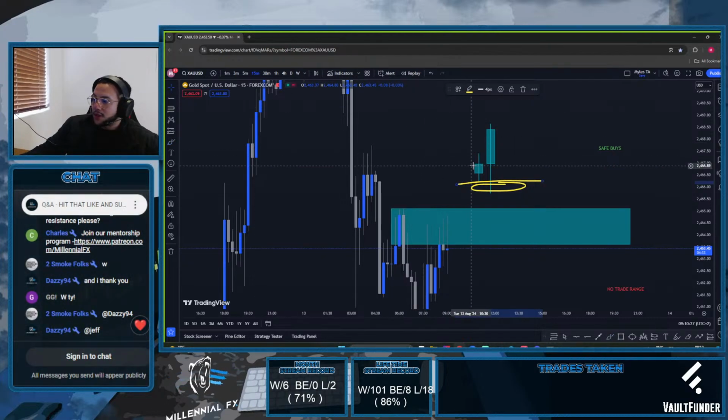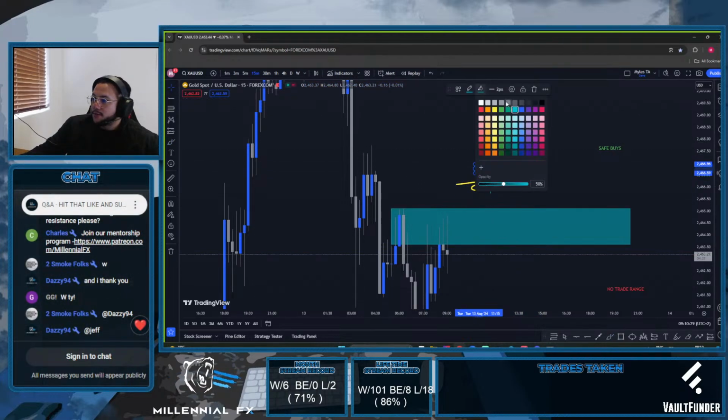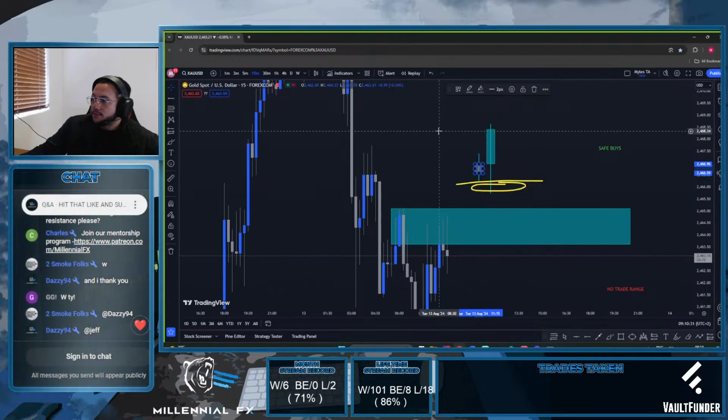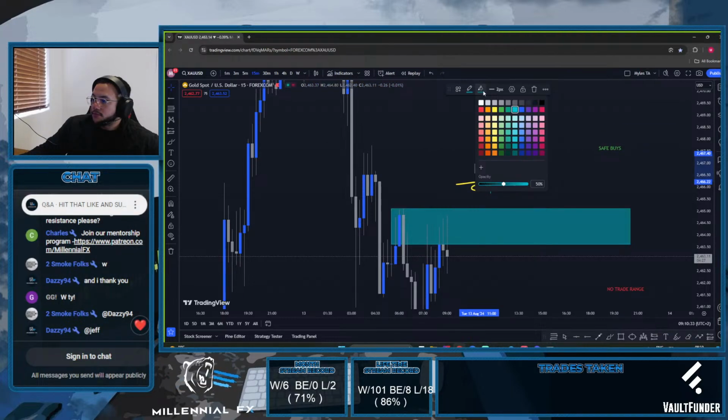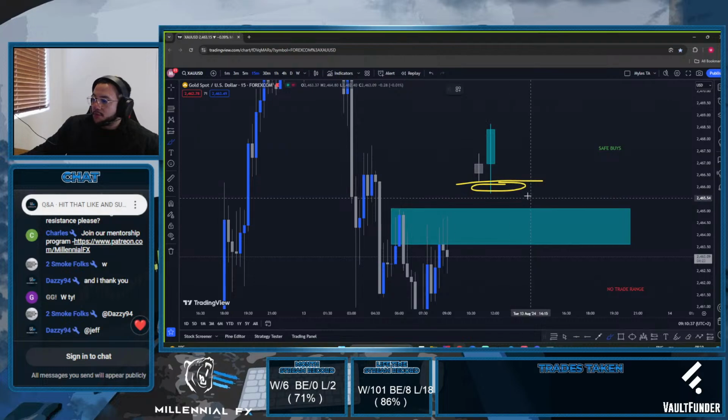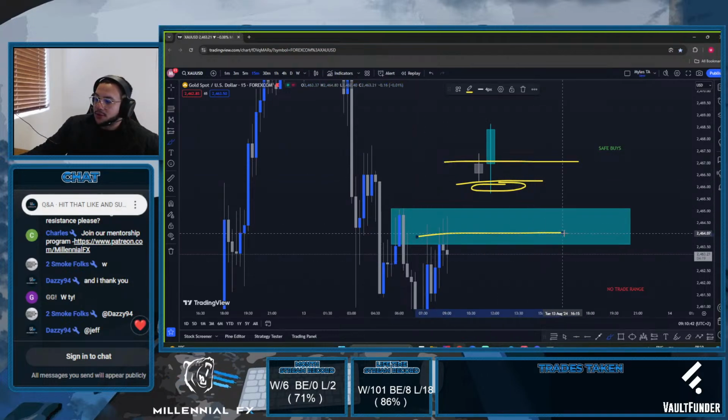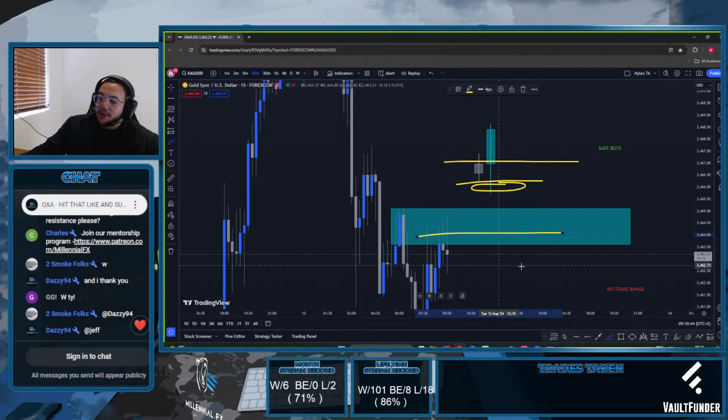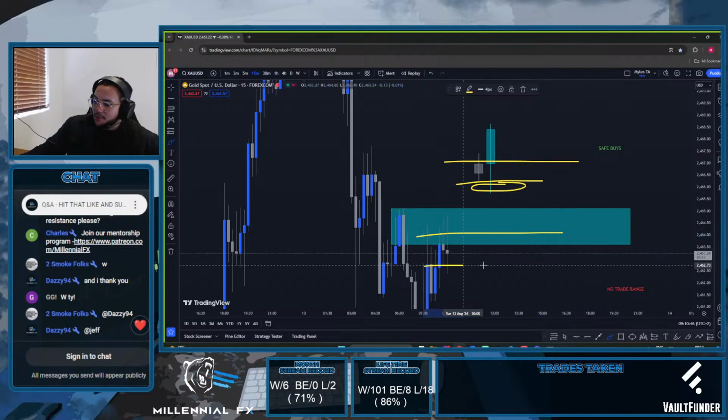Sorry, let me just change the color so you guys can understand this a bit better. So here's the example. If this candle was bearish at the resistance point, which was there, right? Why at that point did it not drive? Why did it not continue popping further down?